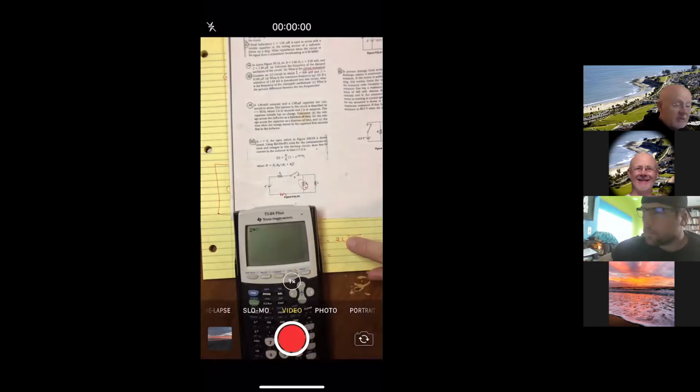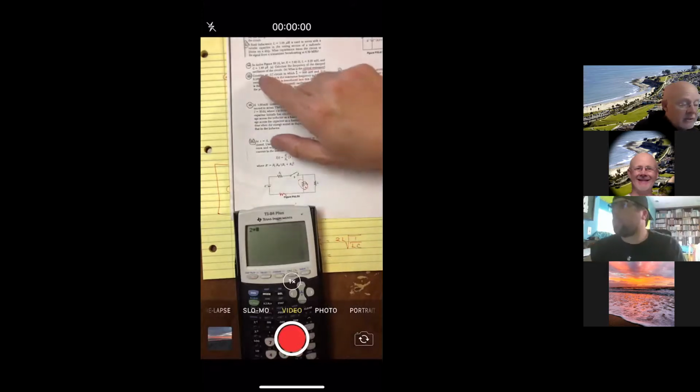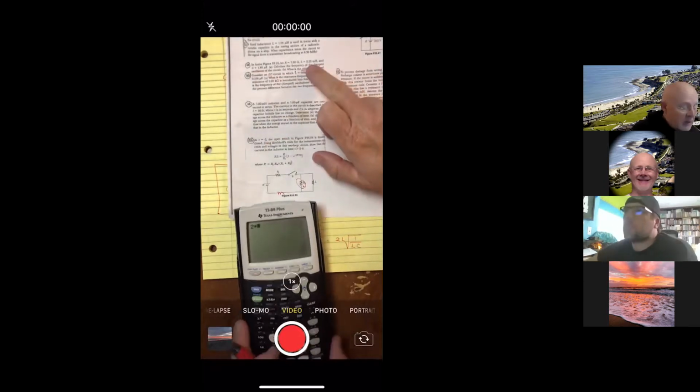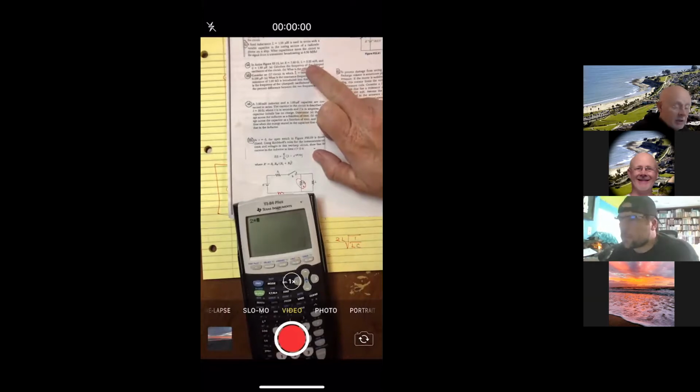2 times L, where L is 2.2 times 10 to the negative 3.